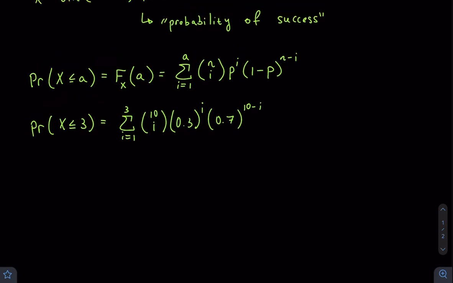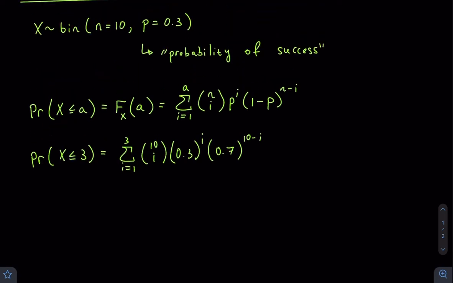Now, what if we had a random variable x where we have a certain number of trials, let's say n equals any number of trials, let's call it a, but we didn't know what the probability of success was.